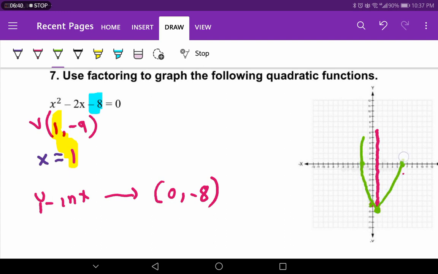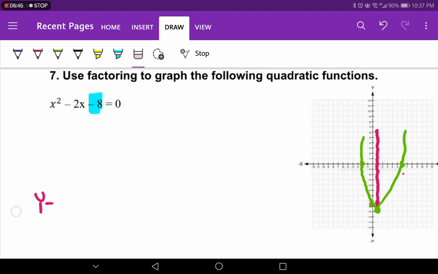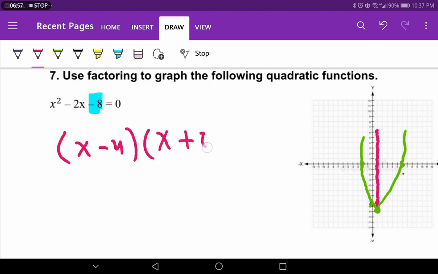So the x-intercepts, when I found the 2 and the 4, it is x minus 4 and x plus 2, so x equals 4 and x equals negative 2.